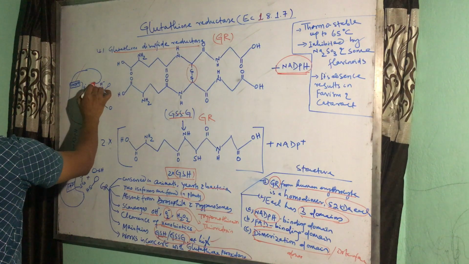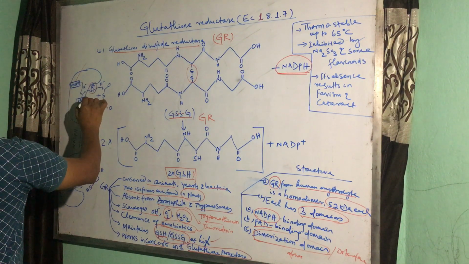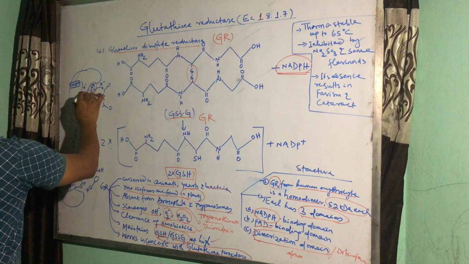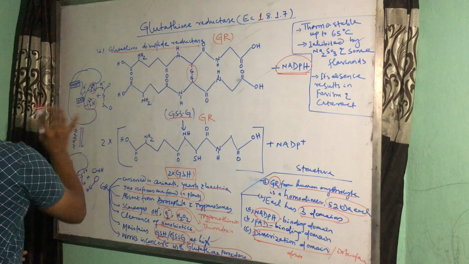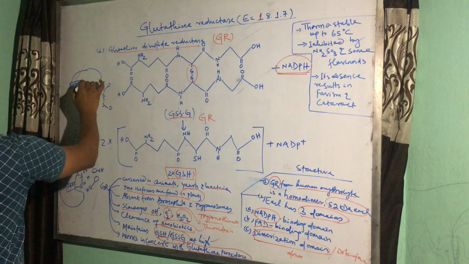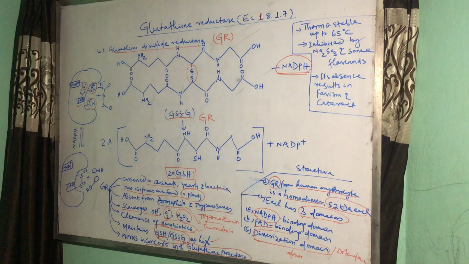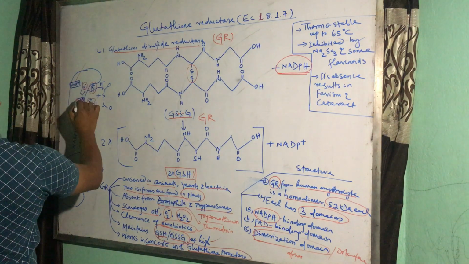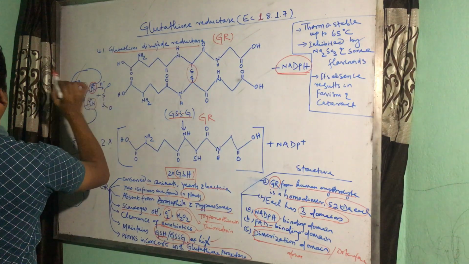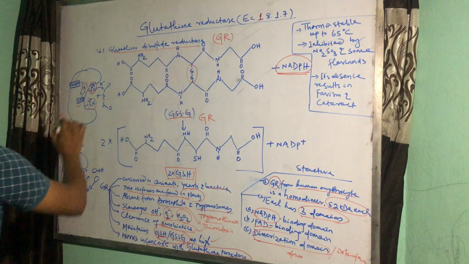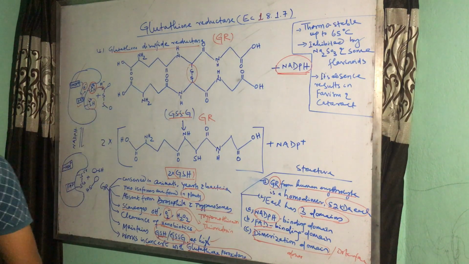There are two amino acids, cysteine 58 and cysteine 63, which are present at the active site, and the overall reaction is the transfer of two electrons in the form of hydride ion from NADPH to FAD, and from FAD to these cysteine residues, and from these cysteine residues to the oxidized glutathione.